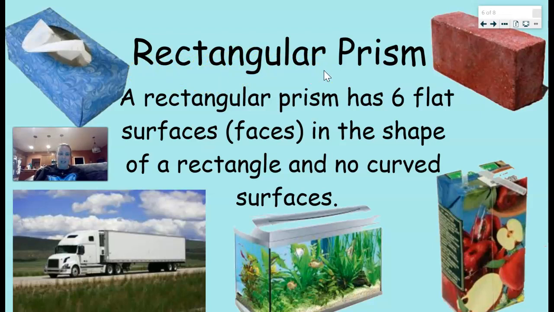What does that sound like? If you said rectangle, you are right. This word right here, rectangle, is part of the word rectangular. Rectangular means it's in the shape of a rectangle. Prism means that it's not flat. It is a thicker object.